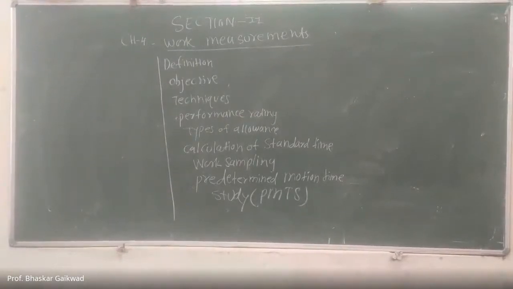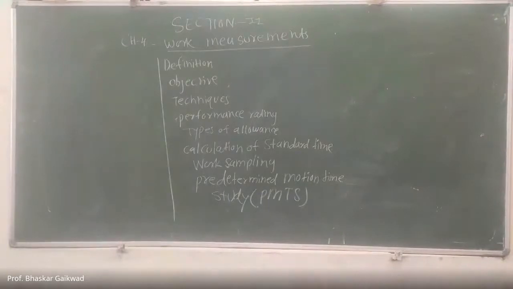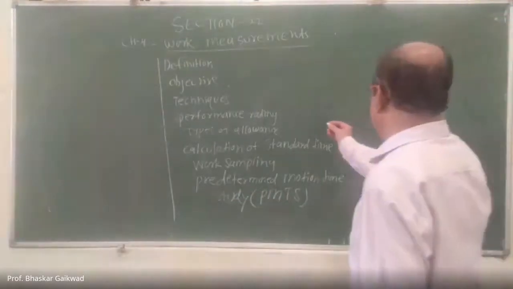Somebody will work at the 100% level, somebody will be below the 100, some will be above the 100. So this performance rating we actually have to decide. Normally the performance rating for this is 100%.